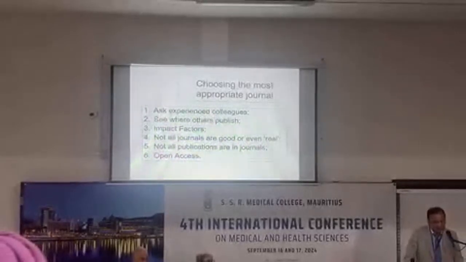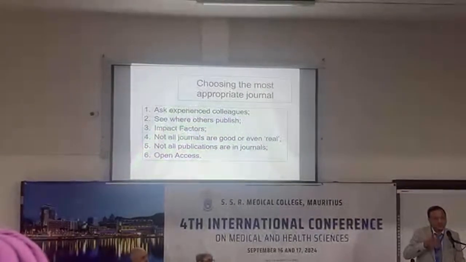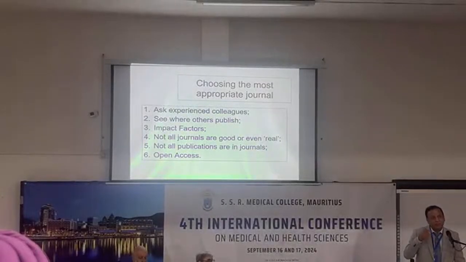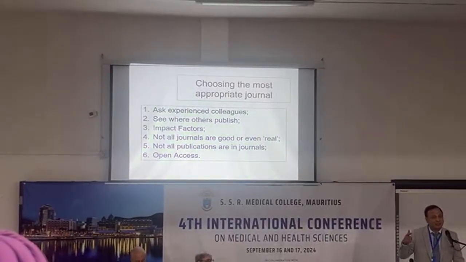Another thing is whether similar topics are published. And sometimes, one of my professors told me that when you prepare the manuscript, read all the references. If you cited a particular journal more than any other, that means you have a similar readership to that journal.